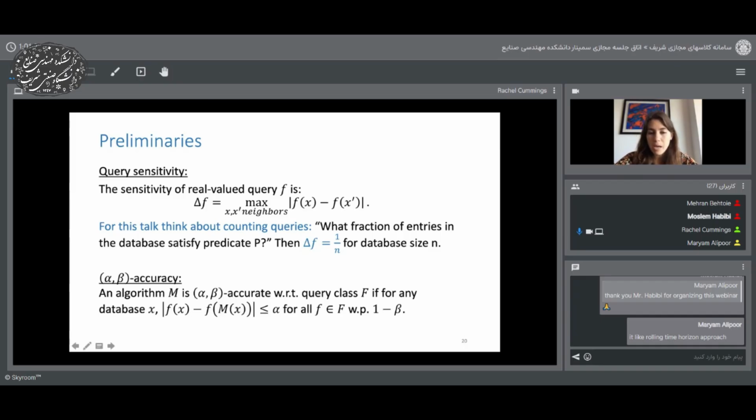It might be a database where it makes sense to plug this into the function, or it might be something else that you're going to use to evaluate the query. But this is saying if I were to compare the answer I get after applying the algorithm to the answer I get on the real data, I want that difference to be at most alpha.